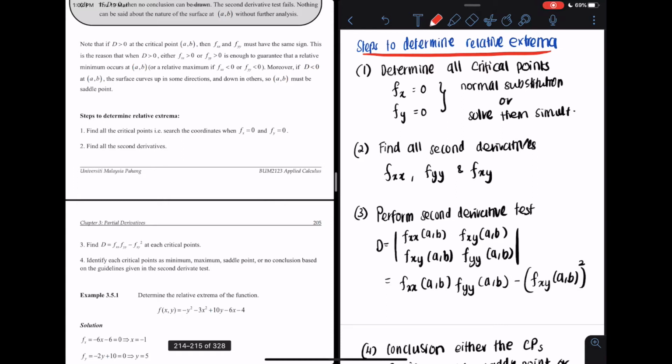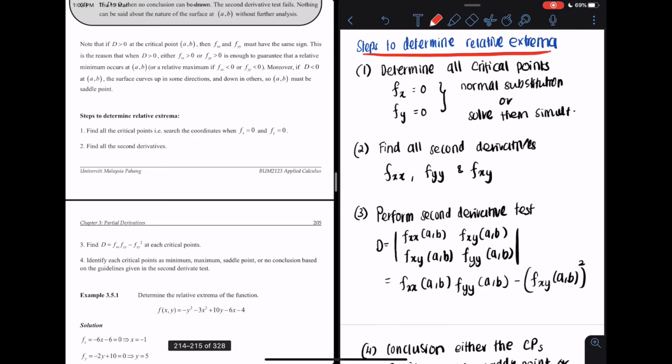If you go through topics 3.2 onwards, by right, the speaker has mentioned about second order partial derivatives. For function of two variables, there are 3 second order partial derivatives, such as fxx, fyy, and fxy, and these values will be used to determine the second derivative test.